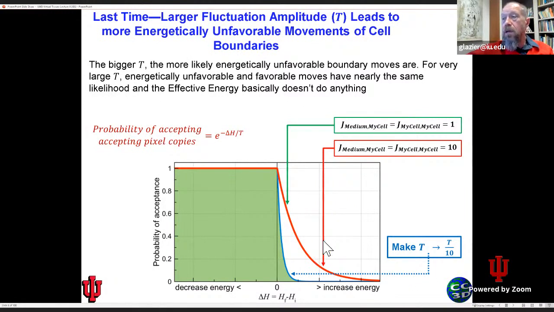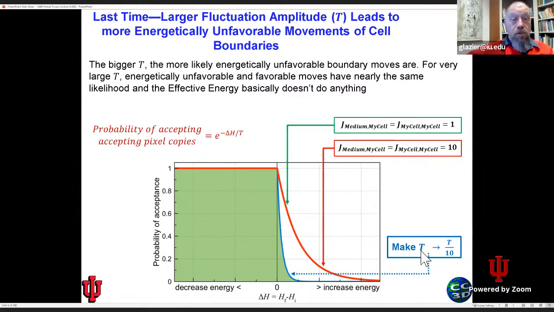And so here we've shown an example where suppose that the energy cost is indicated by this red arrow. If we have a T here of some value, which is the red one, we have a probability of going backwards of about 1/10.